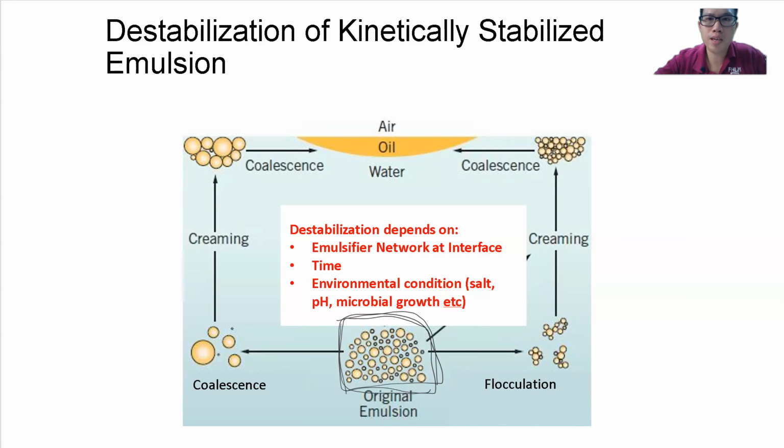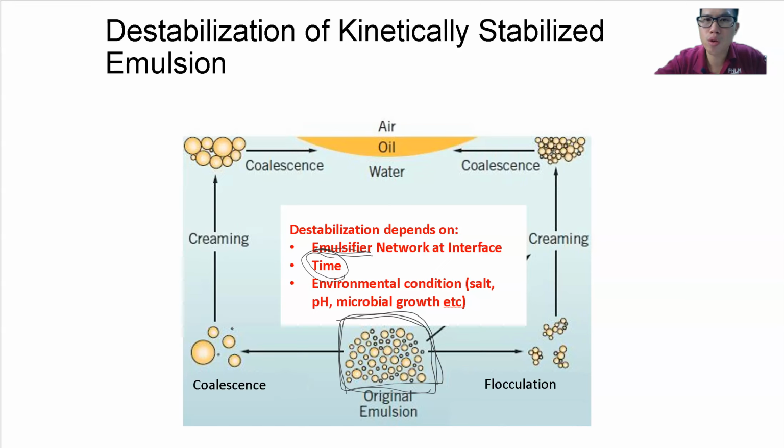For example, it can be due to the emulsifier network at the interface. The emulsifier may not be strong enough to stabilize for the long term. For example, maybe a very short chain or very weak charge, so it cannot stabilize for long. Sometimes the time factor itself can make it worse.